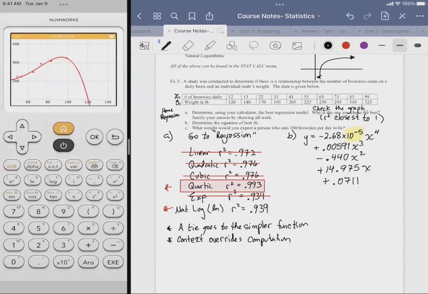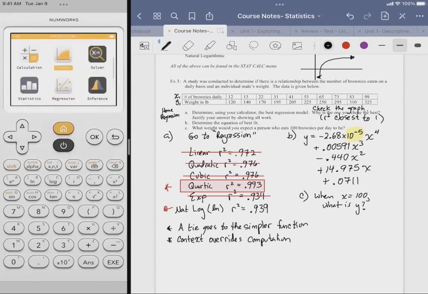So they're saying, what weight would you expect a person who eats 100 brownies per day to be? So what that's saying is when X is equal to 100, what is Y? So you could do that, and it would give you an estimate, which is not ideal, but it's manageable. The other thing that you could do is go into the grapher.